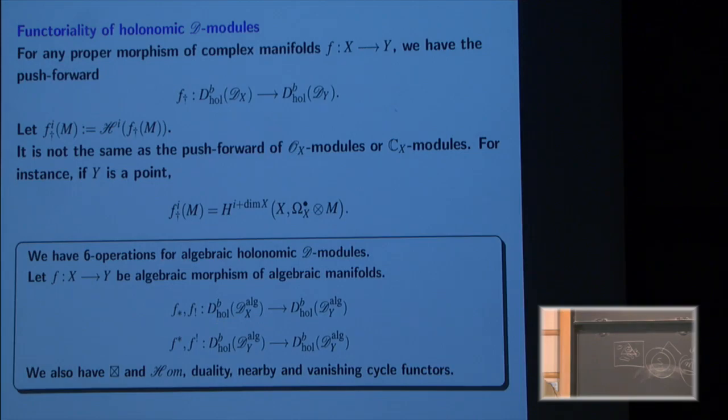There is a difference between the complex analytic setting and the algebraic setting. I mean, in the algebraic setting, intrinsically we have some family of compactifications of the spaces. But in the complex analytic setting, we don't have such ones. So there is some slight difference between them. So to distinguish them, we impose the word algebraic.